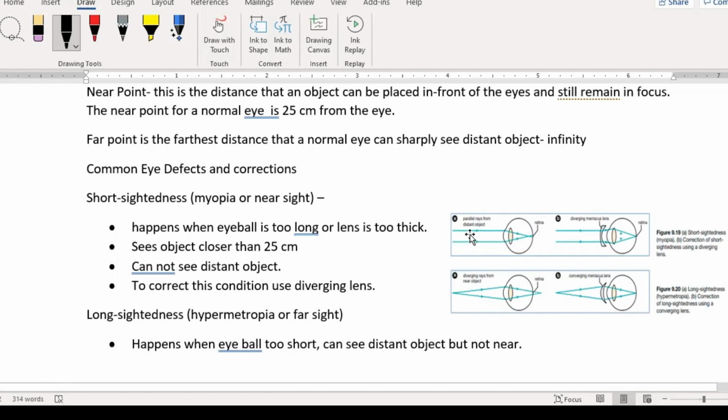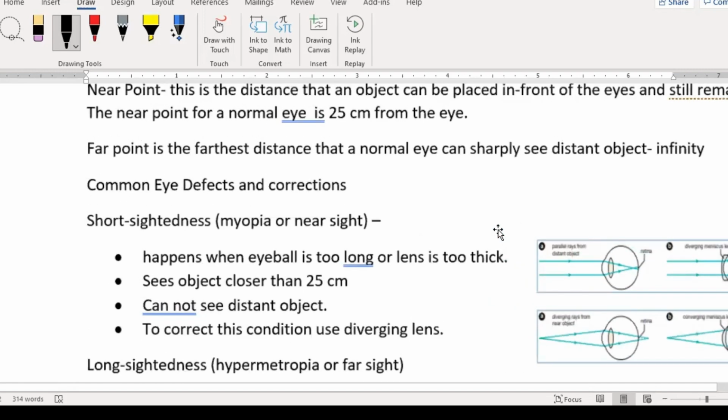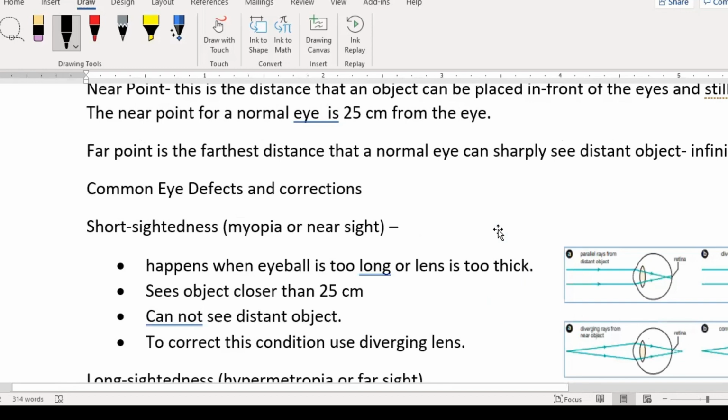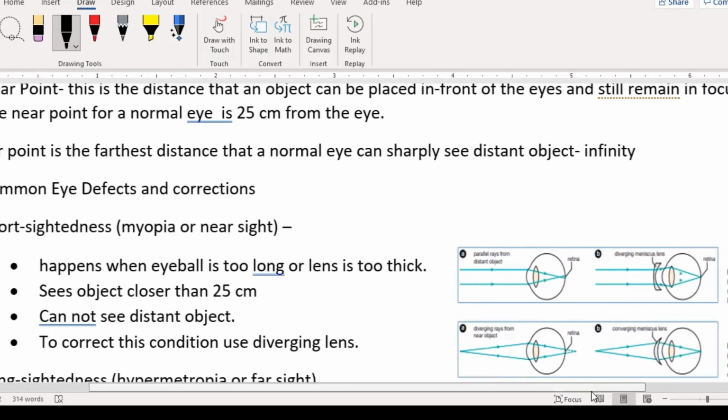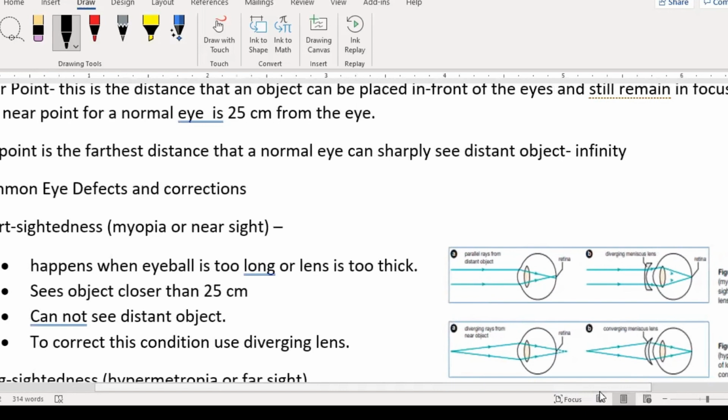We want the convergence to take place on the retina. But if the lens is too thick or the eyeball is too long, then the converging of light rays takes place before it reaches the retina.